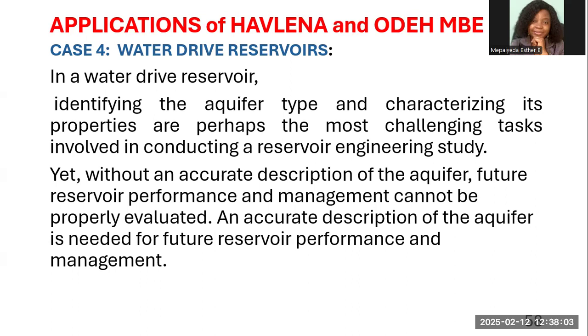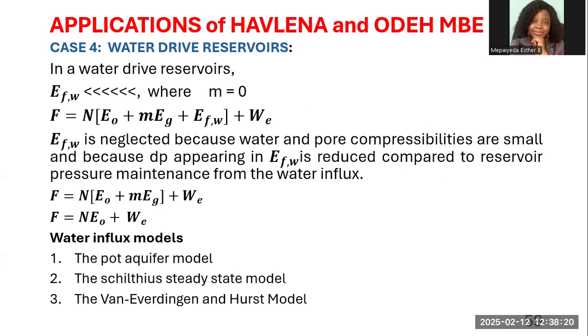So Havlena and Odeh extended their work to these types of reservoirs in order to be able to tell the type of aquifer, characterize the aquifer, and give a description of future reservoir performance and management. So what do we have here? In a water drive reservoir, M is definitely 0. So there's no case of gas here. M is 0.